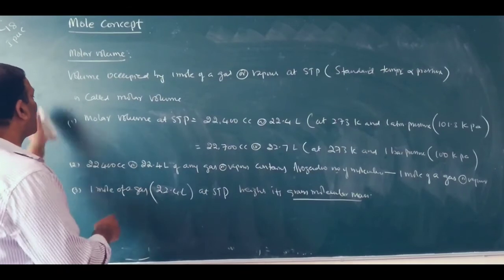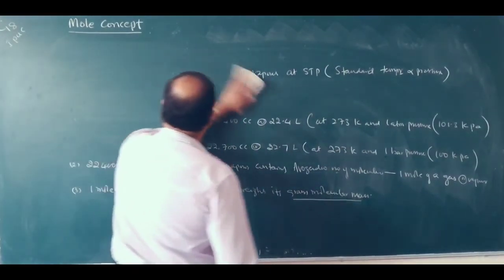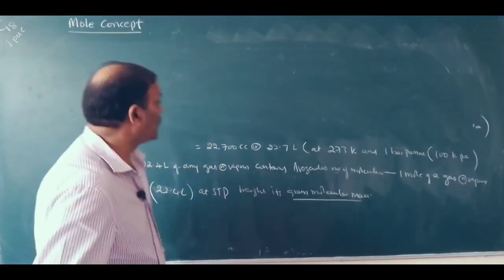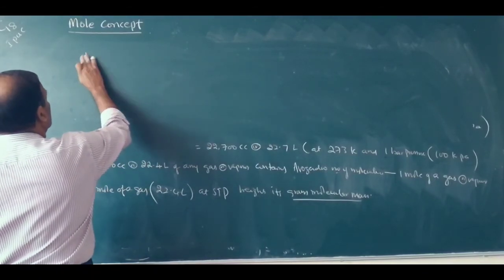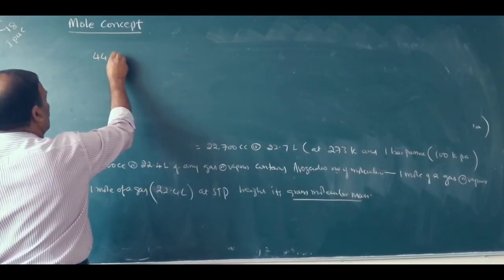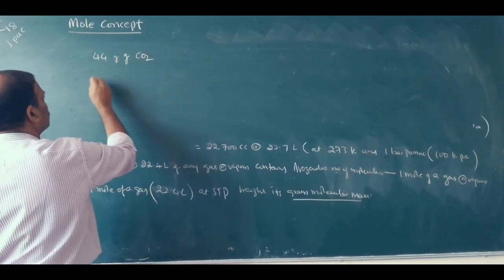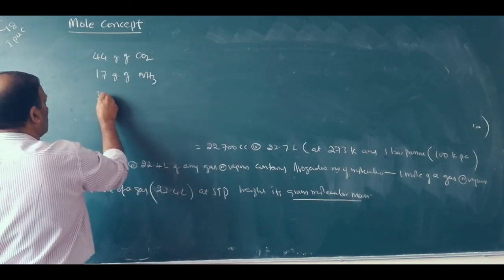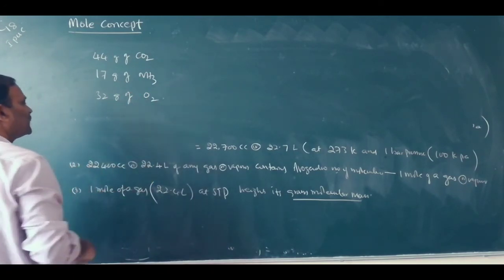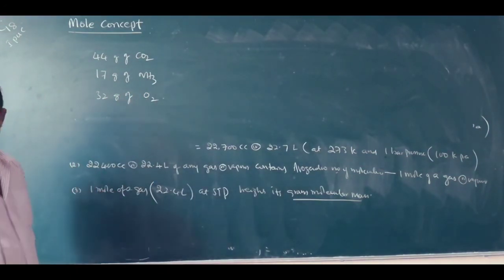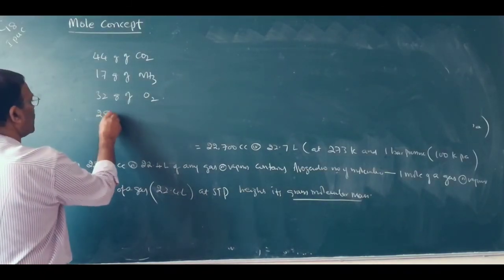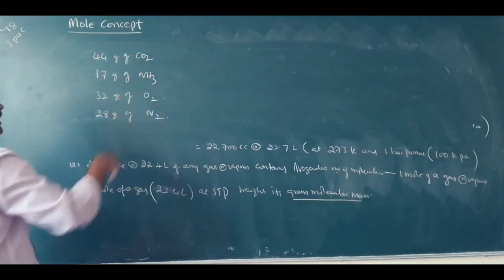Example. 44 gram of carbon dioxide, 17 gram of ammonia, 32 gram of oxygen, 28 gram of nitrogen, all are gases.